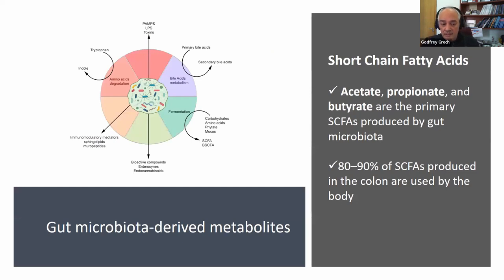Then if you look at the green part, which is the short chain fatty acids, these bacteria produce acetate, propionate, and butyrate. These are the primary ones. And 80 to 90% of these short chain fatty acids are actually used by our body, so they are extremely important. Now, the source of that could be complex carbohydrates like dietary fibers, but also the mucus layer of the gut lining.